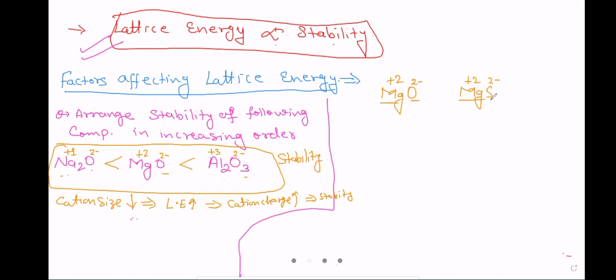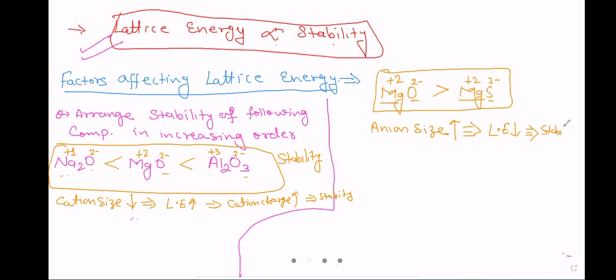Now go for the oxygen side and sulfur side. The size of sulfur is more, so the stability of MgO is greater than MgS. As anion size increases, lattice energy decreases. It means stability decreases.